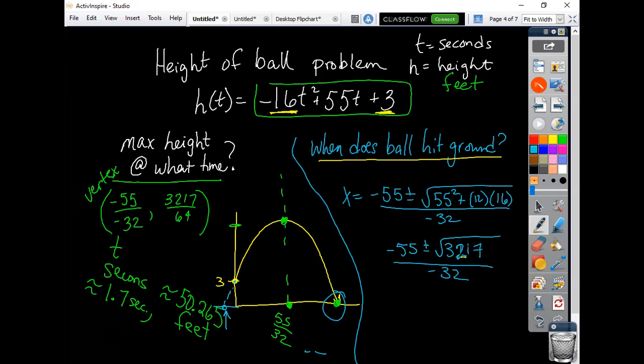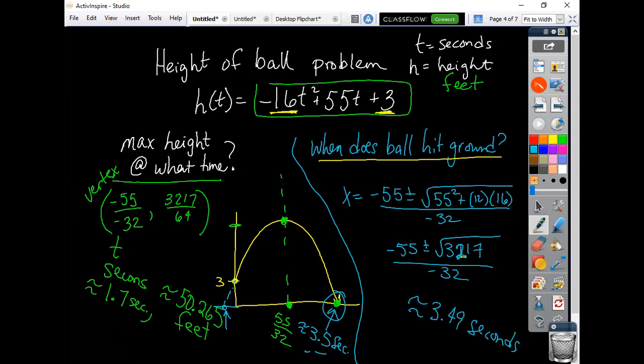Square root of 3217, hit enter, get that answer, and divide it by a negative 32. And I'm coming up with a 3.49 approximately, because there's a lot more decimals. So 3.5 seconds is when the ball hits the ground.